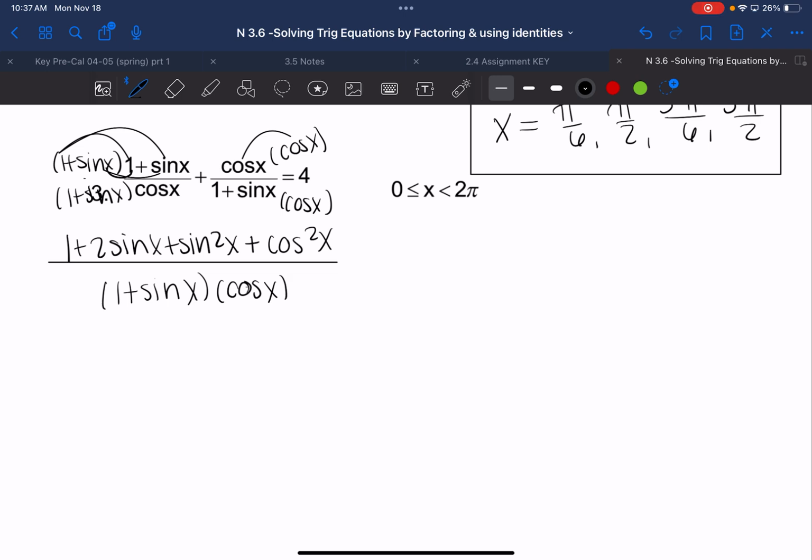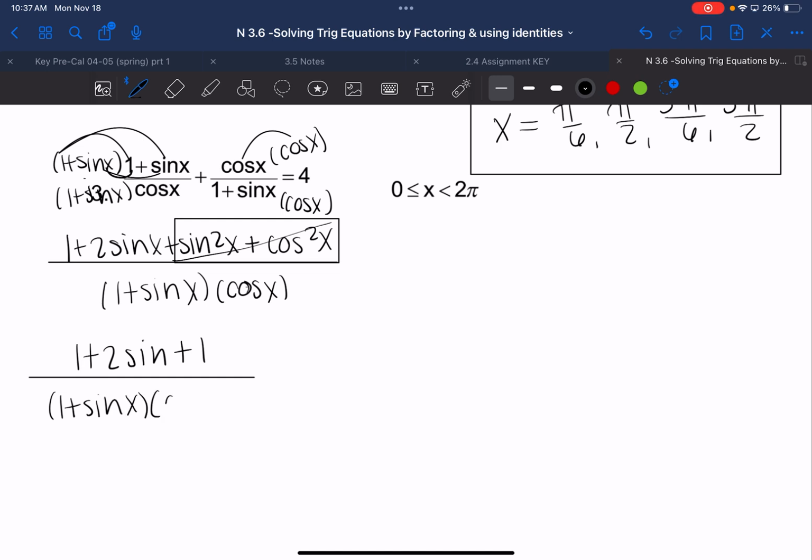All right. So right here, I've got sine of x squared plus cosine of x squared. According to our basic 8, what is sine squared plus cosine squared equivalent to? 1. So I can take that out and replace it with 1. So I'd have 1 plus 2 sine of x plus 1 over 1 plus sine of x cosine of x.